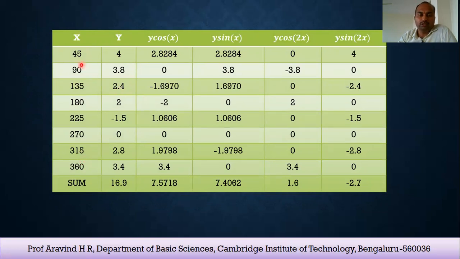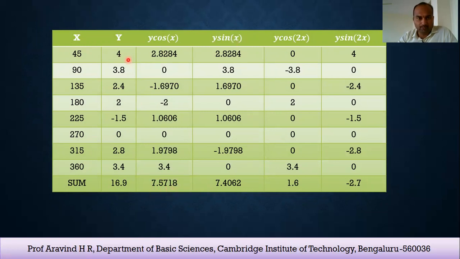So now it is all in terms of 45, 90 and 135. We can keep it in degree mode and calculate it. Now 2.4 into cos 135 is minus 1.6970. 2 into cos 180. You can calculate it and the total value is 7.5718.